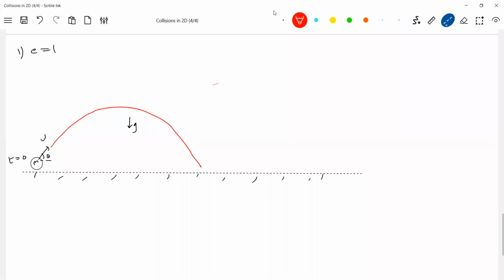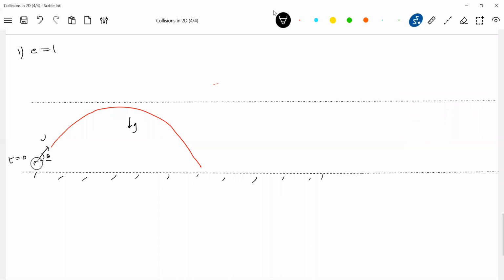Just to make the problem a little bit systematic, I've just taken the two reference lines. So it will come and collide again with the ground. Here again collision occurs.